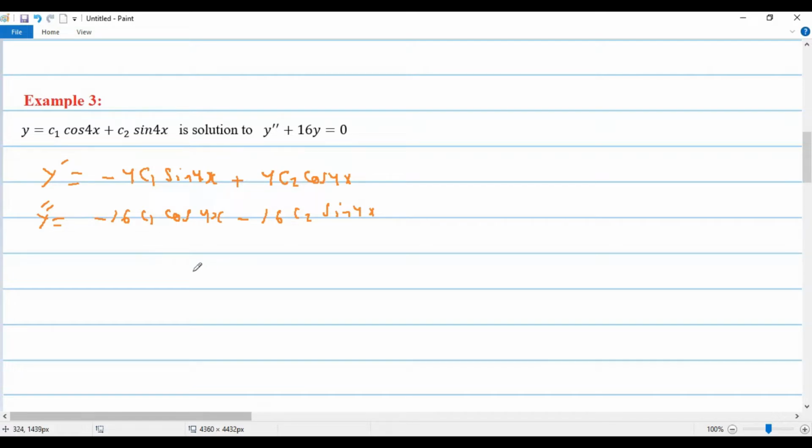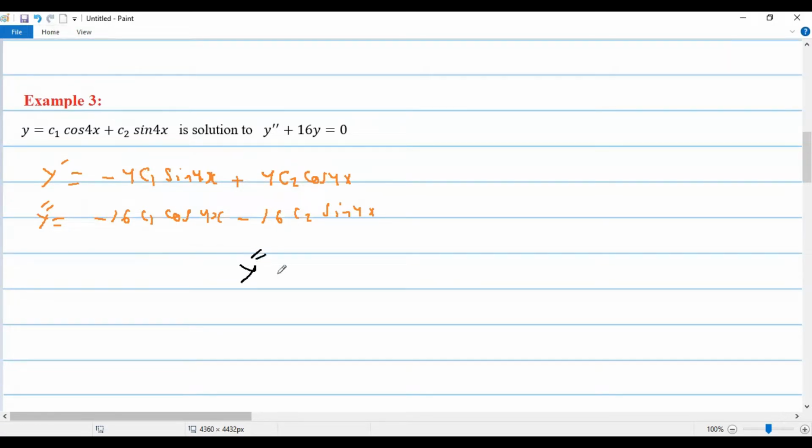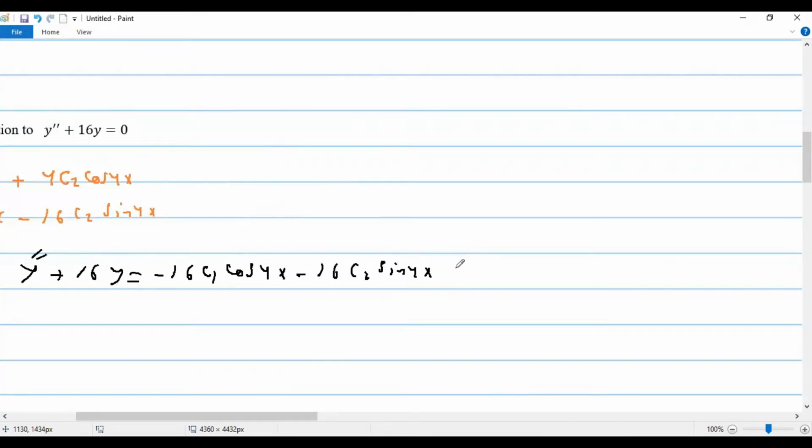Now, I have here y double prime plus 16y equals 0. y double prime is negative 16 c1 cosine 4x minus 16 c2 sine 4x, plus 16y. What is the y?